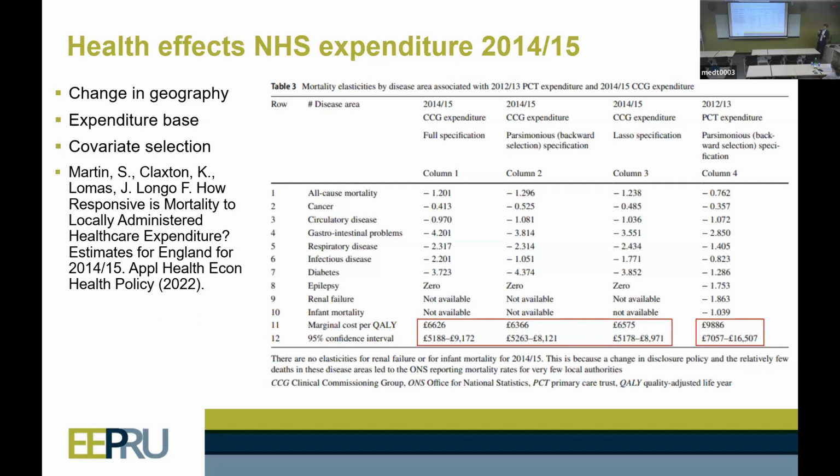If you remember, it's around this time that public health was also taken out of the NHS. So this clinical commissioning group expenditure will include no public health activities. In any case, what do we find? Well, we find here across a range of different econometric specifications, a result of about £6,000 per quality.